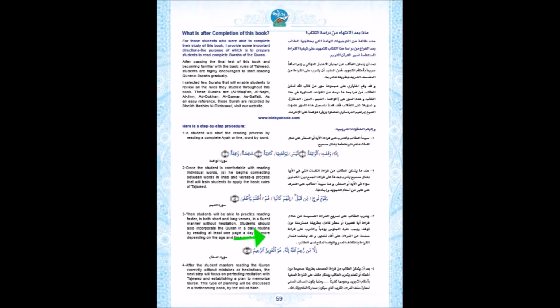So, after the student goes through these stages 1, 2, and 3 after beginning the Quran, he or she will be able to focus on perfecting the recitation, not just the accuracy of the words and the letters, inshallah. Please stay tuned for the future recordings, which will go into detail on these specific surahs we've chosen, and why we chose these surahs, and techniques when approaching these surahs, inshallah.